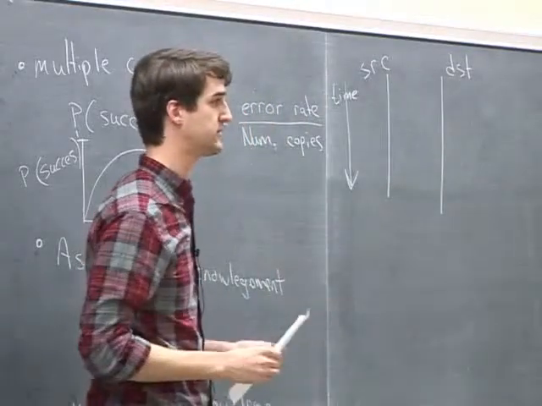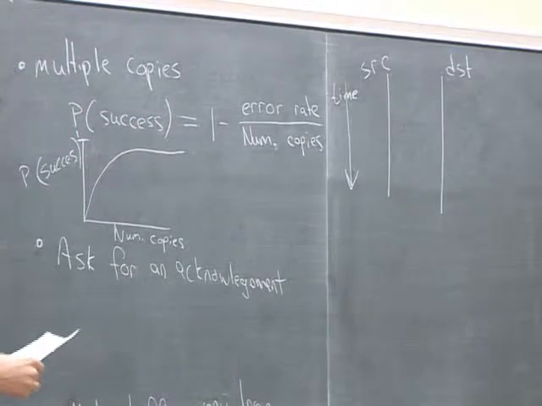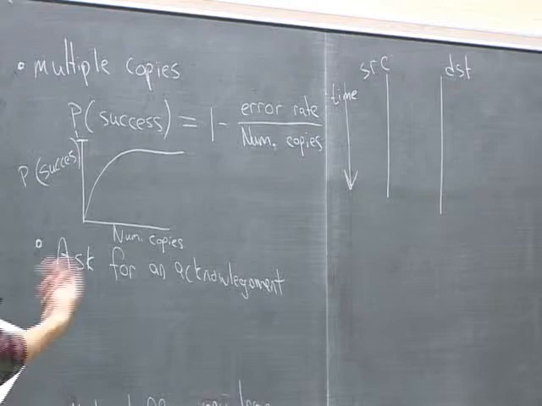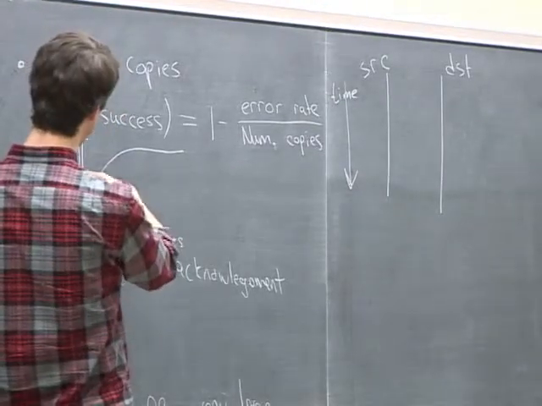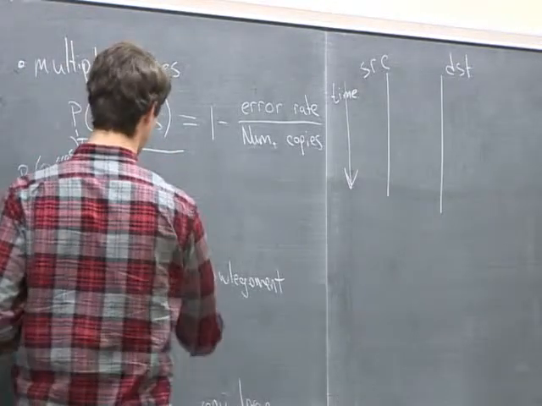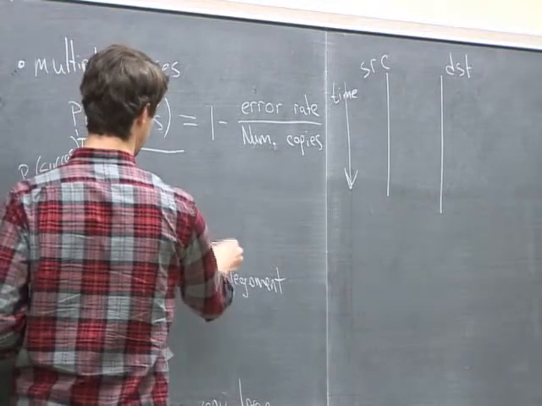Any question? Yeah, sure. Just for the P success, do we just need one copy to successfully get through, or what are we calculating? Oh, okay. So the question is, what exactly are we calculating here? This is the probability that your packet, if you sent this many copies, let's just say this is 10, for instance.